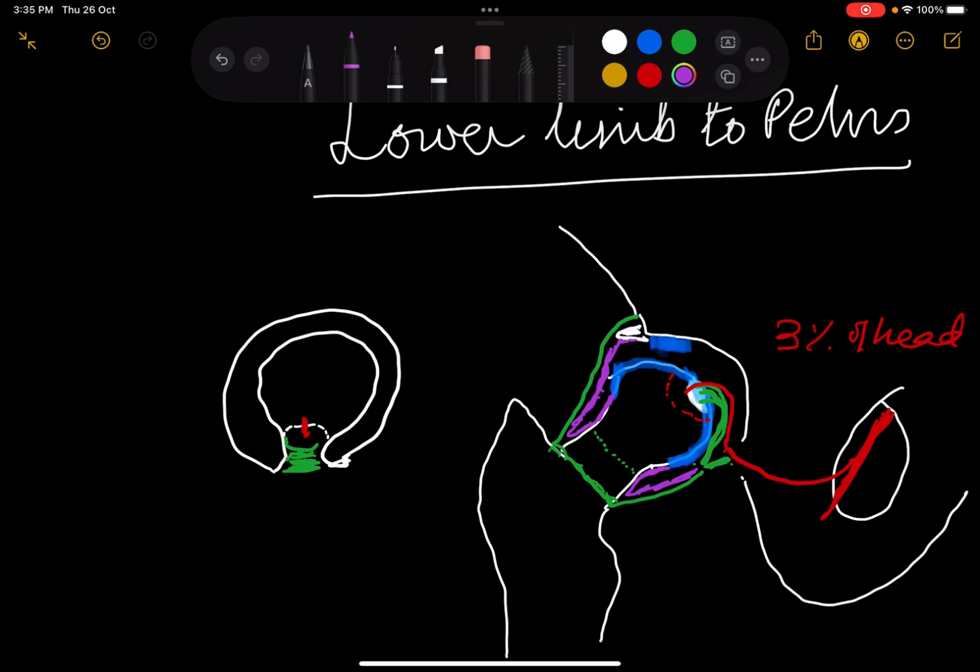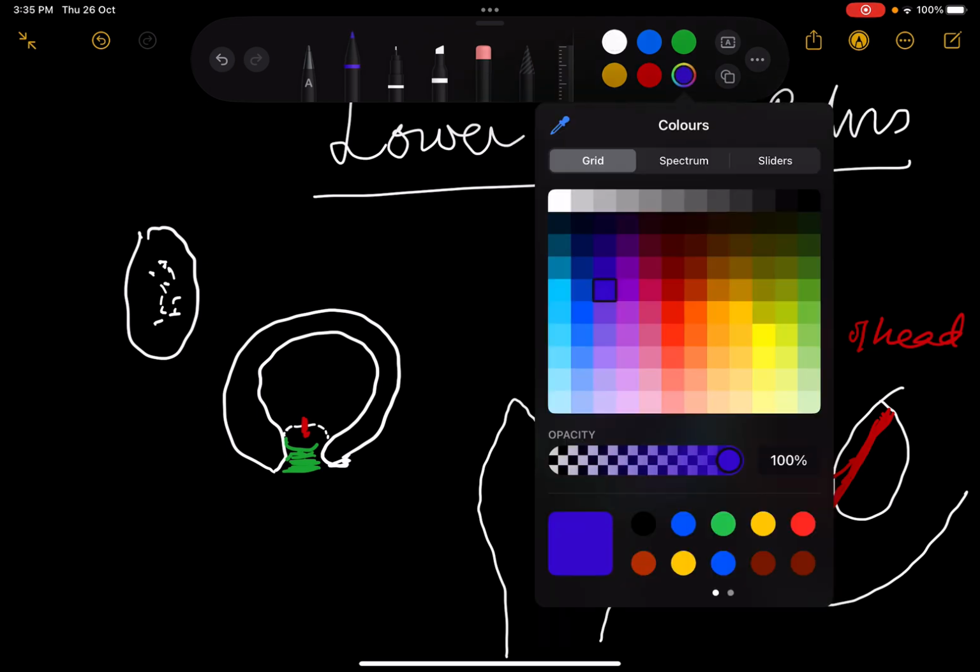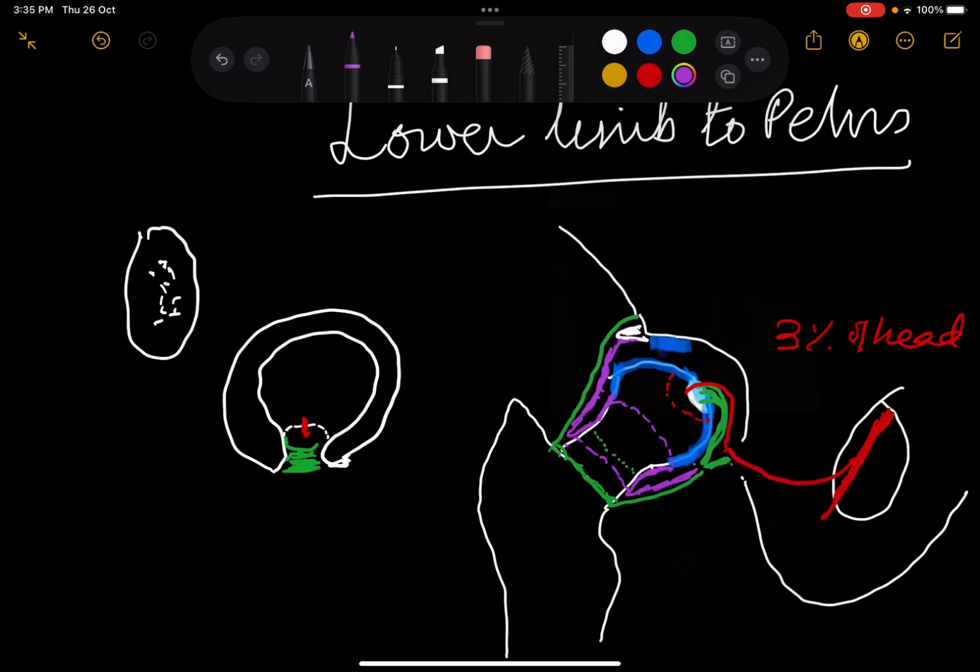Now I'll make this synovium because it's a round sheet which is surrounding the neck. For example, if this is the section of the neck, here is the marrow of it, then the synovium is surrounding it like this.